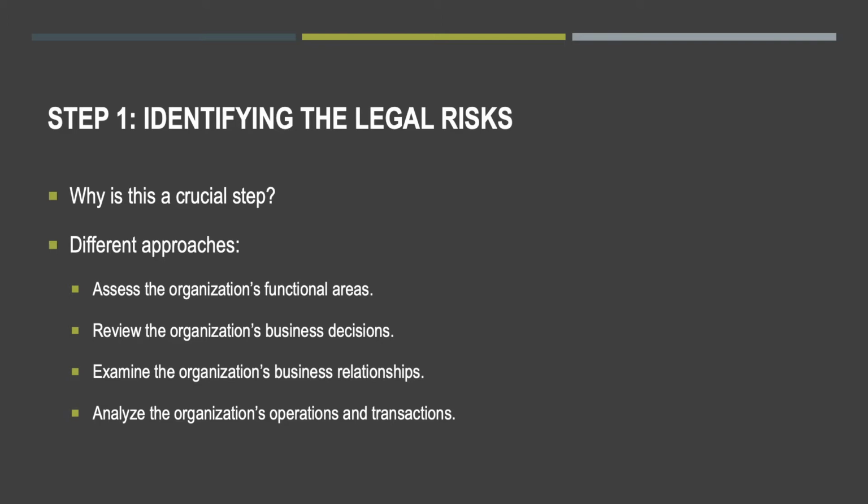You can have the folks in your marketing department brainstorm and identify some of the legal risks in their area. Similarly, the folks in the HR department would probably have some expertise in the areas of legal risk in their department. So one of the ways is to analyze the organization's functional areas, and by this we mean marketing, production, finance.